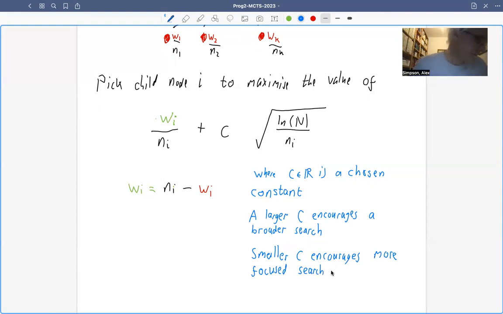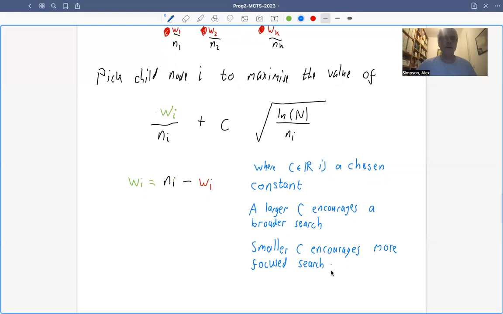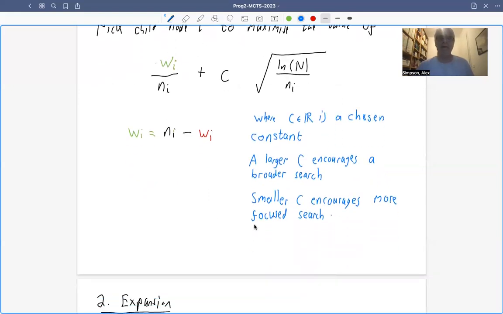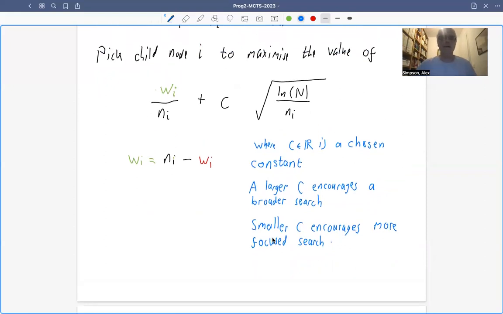And the theory of this formula is that if C is greater than or equal to square root of 2, then what happens is that, oh, that's really almost impossible to write.